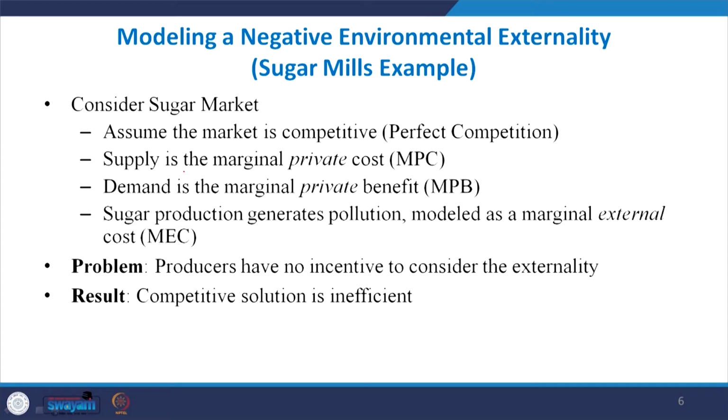So, now let me take an example to explain what will be the optimum solution if externality is not taken into consideration, and how much will be the optimum level of output if externality is internalized. So, we can take the example of sugar industry. Sugar is a polluted industry. Different kinds of pollutants are released by the sugar mills when they produce the sugar, which is a good product.